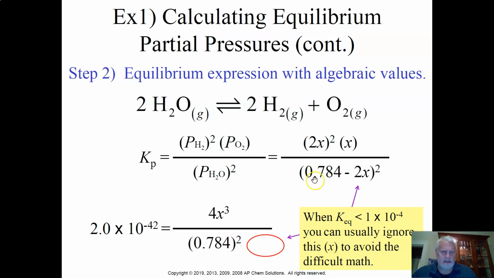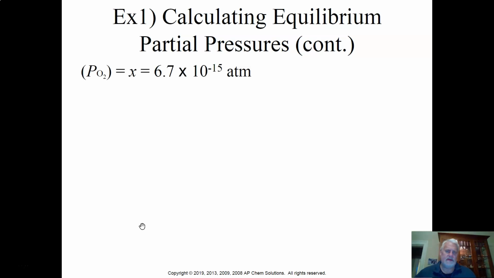The measurement is that guy and that guy. All right, so those are the ones you have to use for significant figures. So the oxygen, which remember we defined as being x in our ICE chart, and box: 6.7 times 10 to the minus 15th atmospheres.